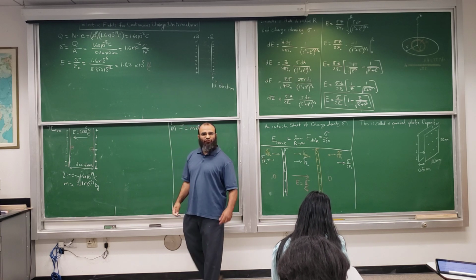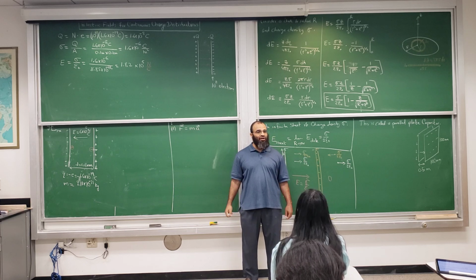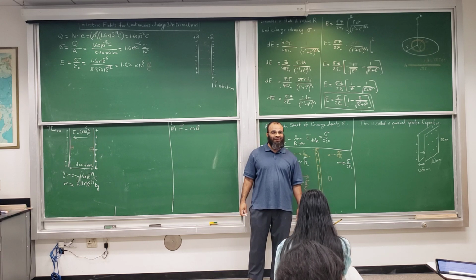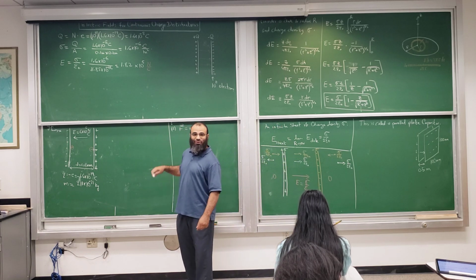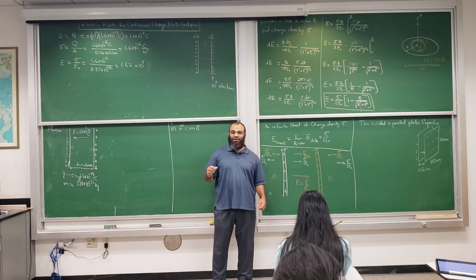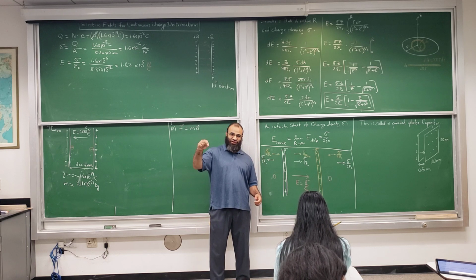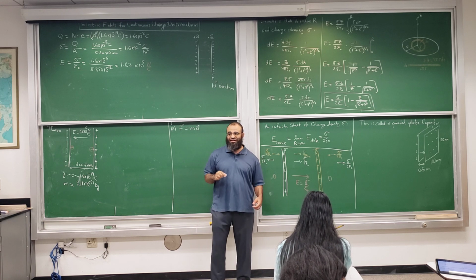If you have two point charges, it's k Q1 Q2 over r squared. But I don't have point charges here. So it's Q times the field. Remember why we calculated the field: when you place a charge in the field, the force on it is going to be Q times E, just like m times g.